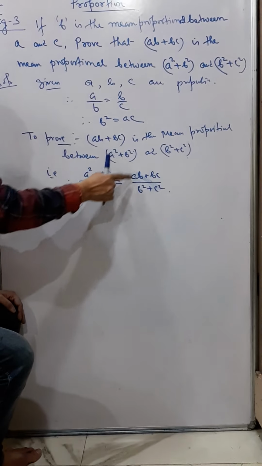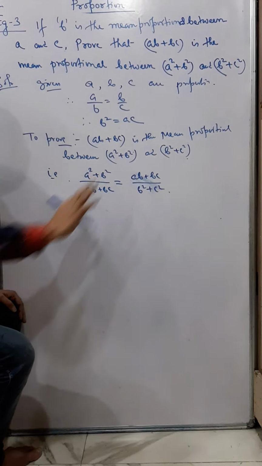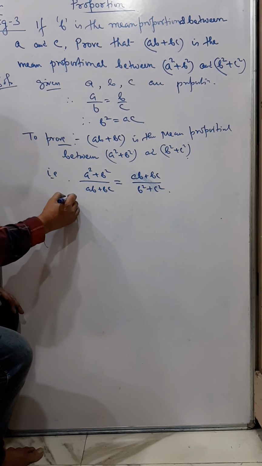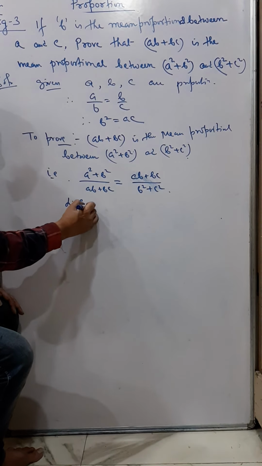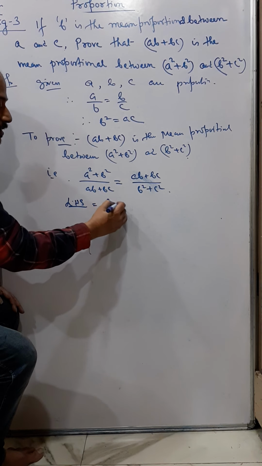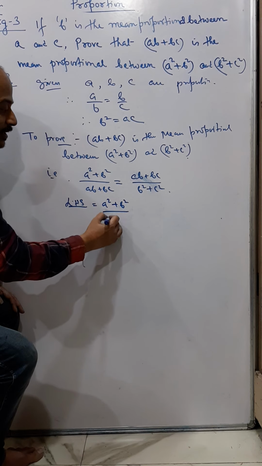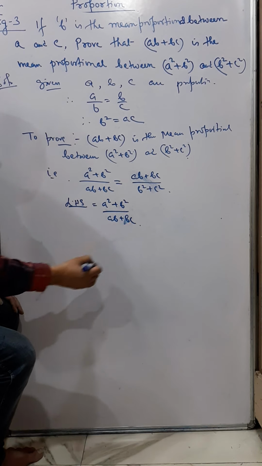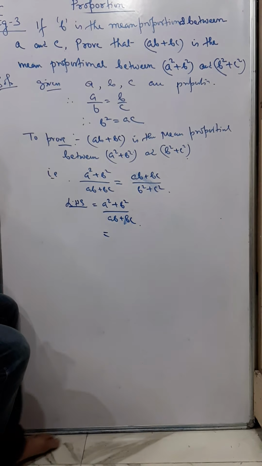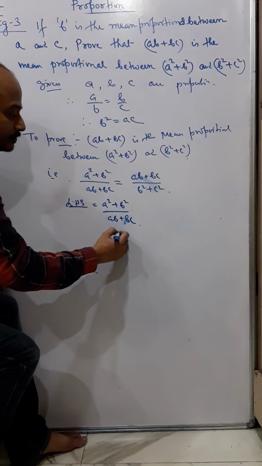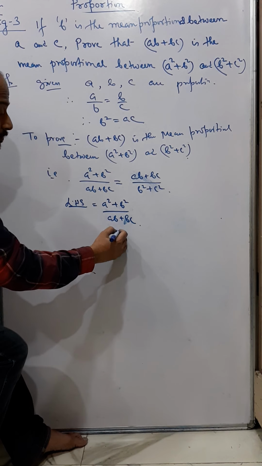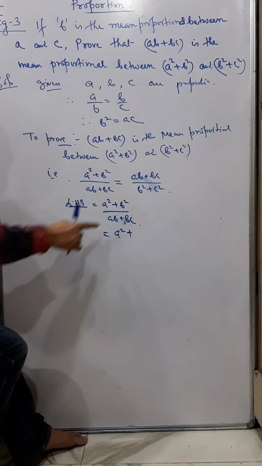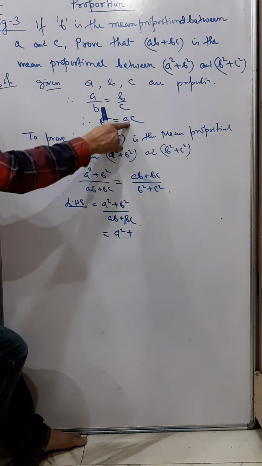So this is the mean proportion. So this is A, B, C. So we can say that A by B is equal to B by C. So we have to prove this. Now left hand side, if I take A square plus B square by AB plus BC, here you can see in place of B square we can put AC.